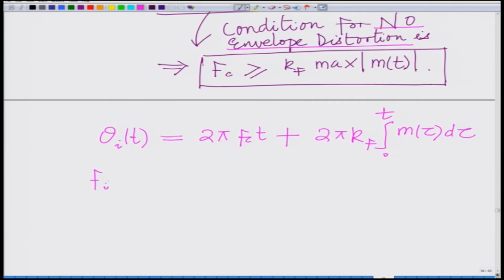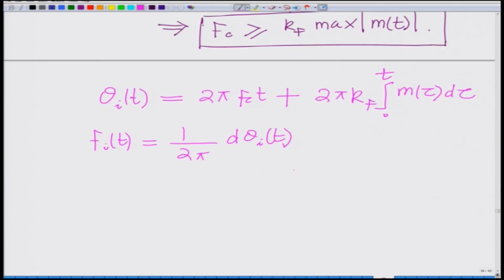Now, the instantaneous frequency is 1 over 2 pi times the derivative of the phase, which is 2 pi f_c plus 2 pi k_f m(t), and because of the factor of 1 over 2 pi, this is simply f_c plus k_f times m(t).